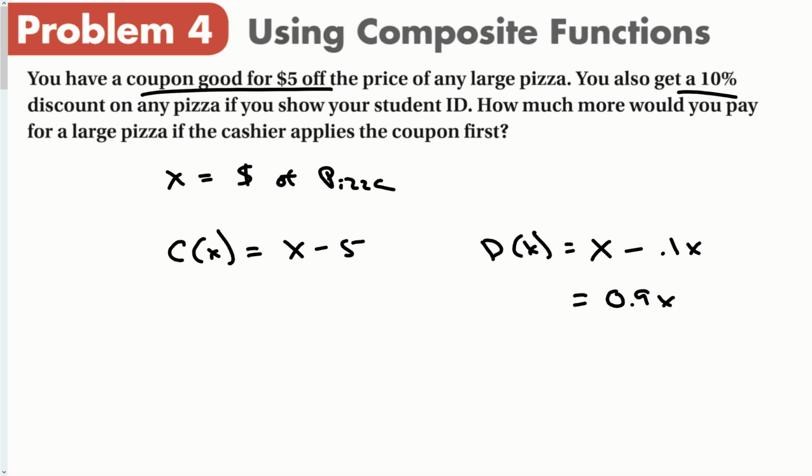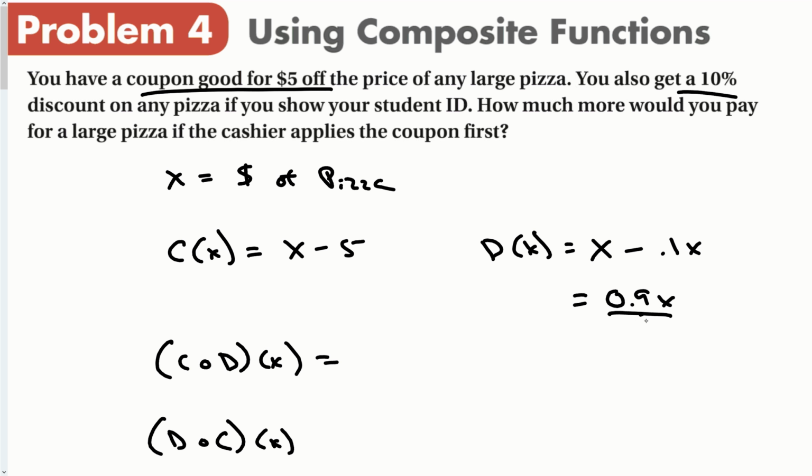Let's do two composite functions, and we can actually prove which one is the better deal. Let's do c of d of x, and then d of c of x. Basically we're starting with the discount first, and then putting that function into the outer function. So that's 0.9x minus 5.